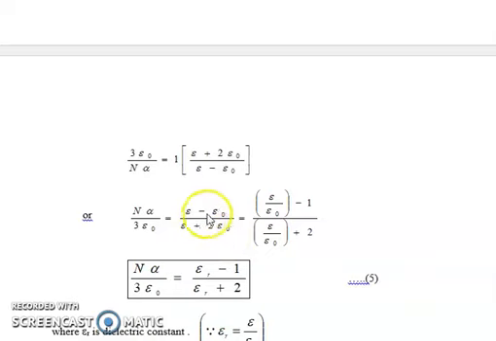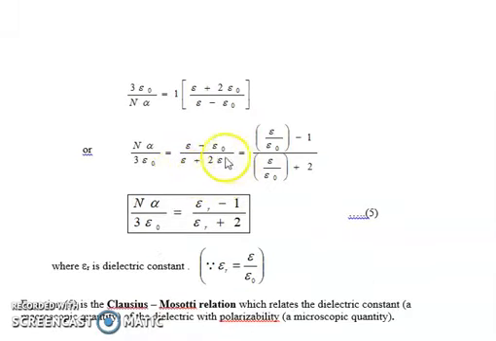Now let me divide the numerator by epsilon naught, so I will have epsilon by epsilon naught minus 1. Same way, let us do it for the denominator: divide by epsilon naught, so epsilon by epsilon naught, and here epsilon naught will get cancelled, we will have only 2.